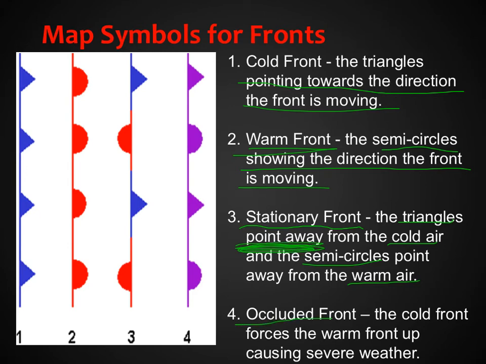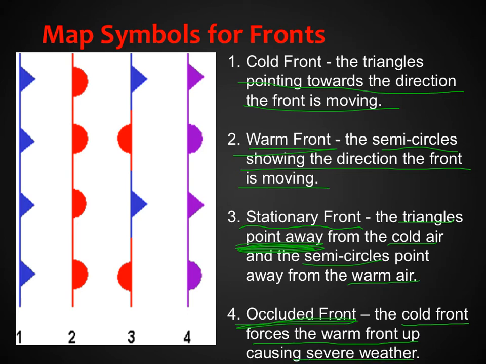In an occluded front, again we have the semicircles and the triangles, but in this case they're purple, and this is where a cold front is forcing a warm front up. It's showing the direction of movement again, and this causes severe weather, really severe weather.